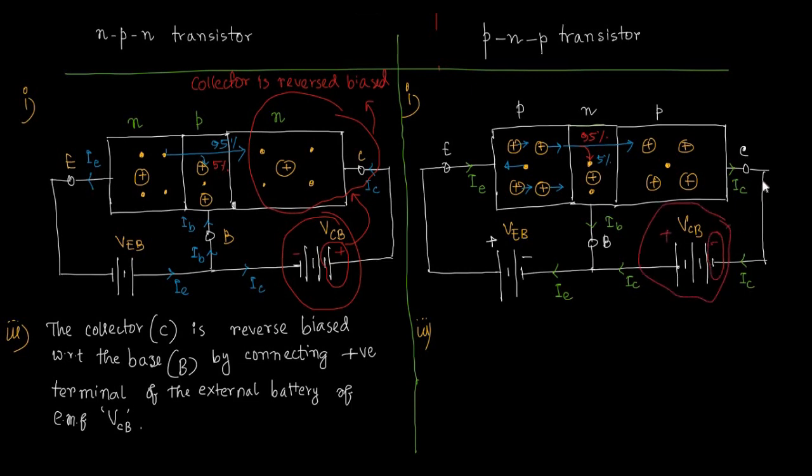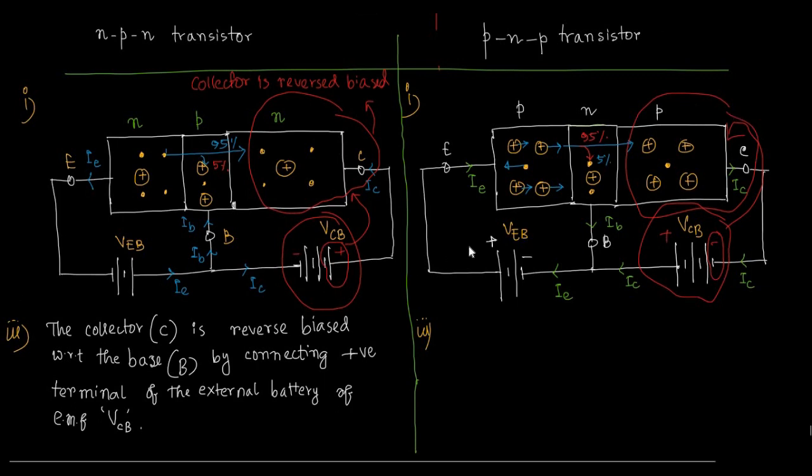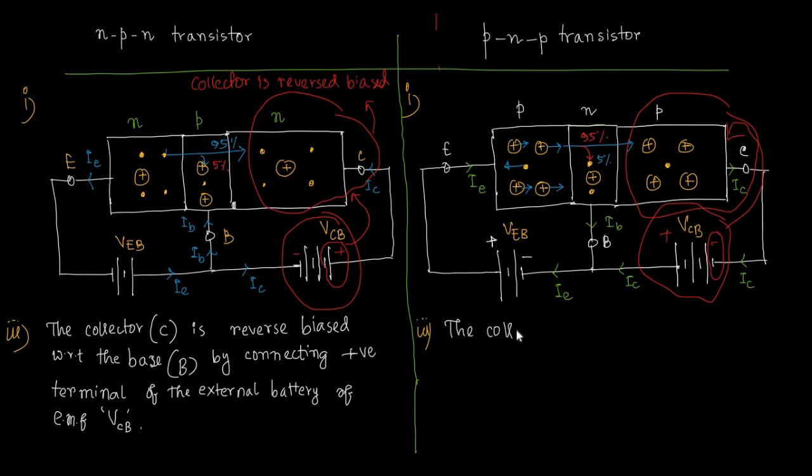Similarly, the negative terminal of the battery is connected to p-type collector, so that p-type collector is reverse biased. On the right hand side, for PNP transistor, the p-type collector C is reverse biased with respect to n-type base.